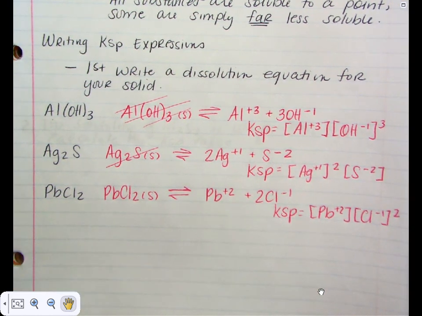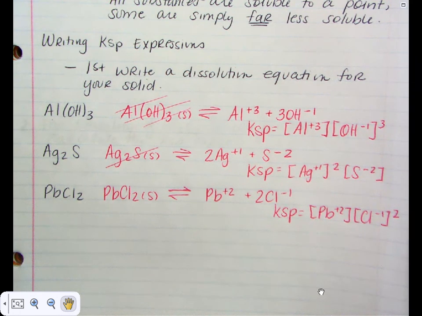Okay, so very similar to what we saw in our KEQ work. This time we're just going to be looking at a bunch of solids that are dissociating, as opposed to any sort of substance with gases or aqueous ions. So this is always going to be your solid with your aqueous ions. Okay?